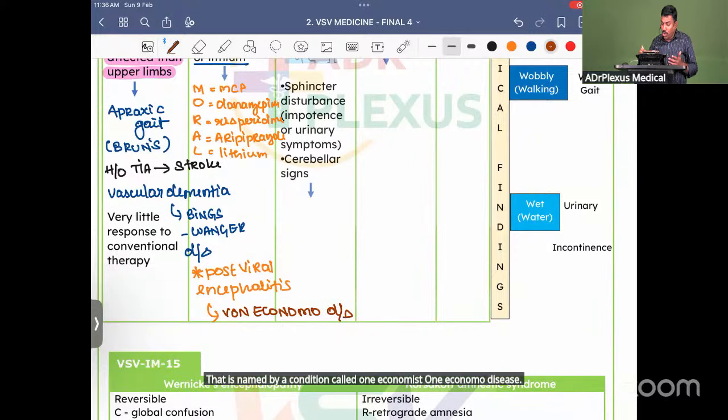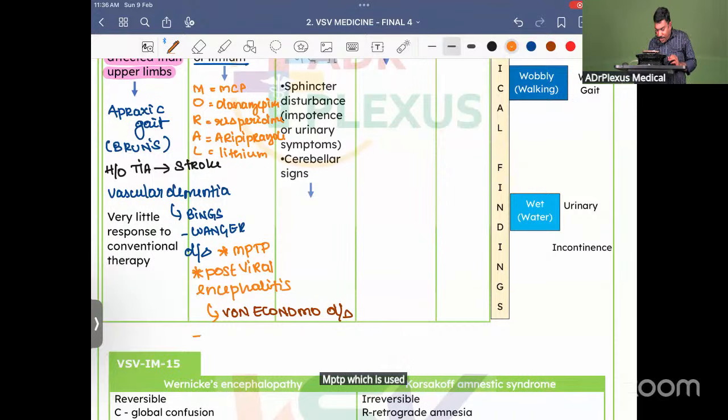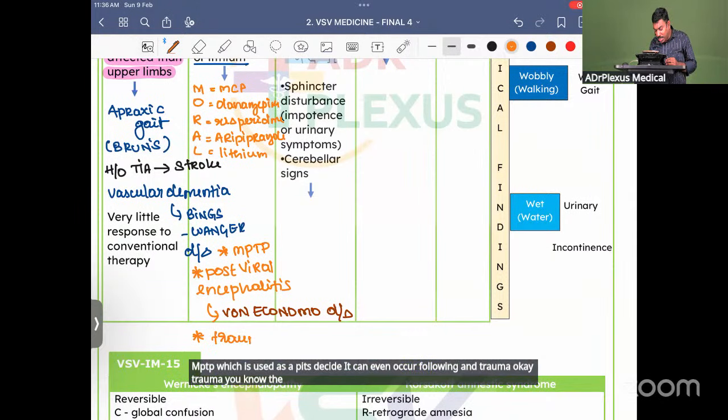Sometimes it can occur following pesticide use. There is a pesticide MPTP, which is used as a pesticide. It can even occur following trauma. You know the famous boxer was having this disease, and it is called punch drunk syndrome.